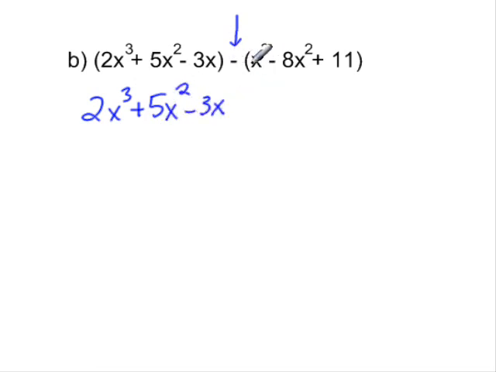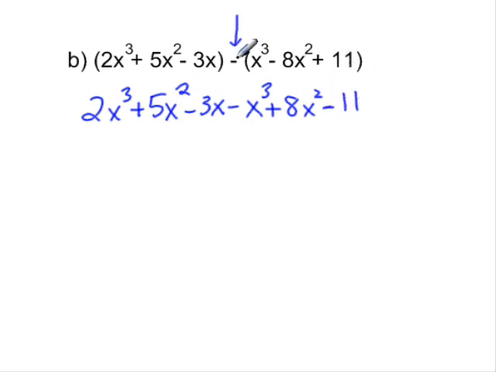But this minus sign changes the signs of everything else behind it. So instead of writing down a plus x cubed, we're going to write down minus x cubed. Instead of writing down minus 8x squared, we're going to write down plus 8x squared. And we'll do the opposite here, and that will be minus 11.